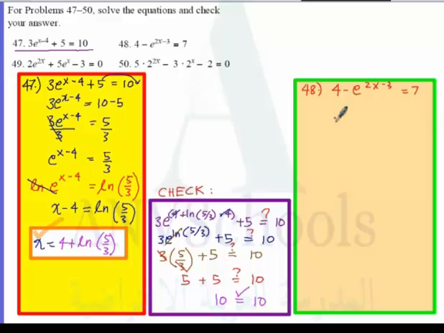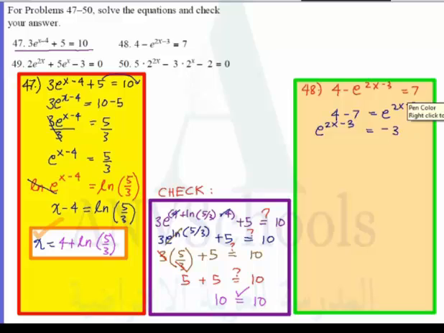I will have 4 minus 7 is equal to e raised to 2x minus 3. I transform the equation into an expression that shifts the e to the right, so it becomes positive. And now I will go back to the other transformation, just interchanging their places. So e^(2x-3) will be equal to negative 3, okay?